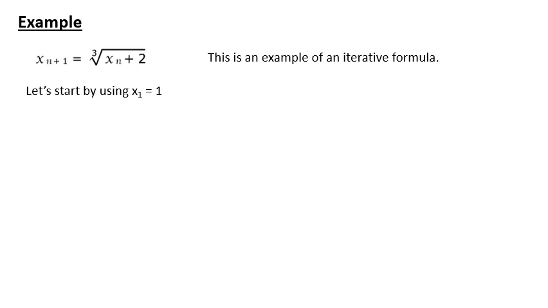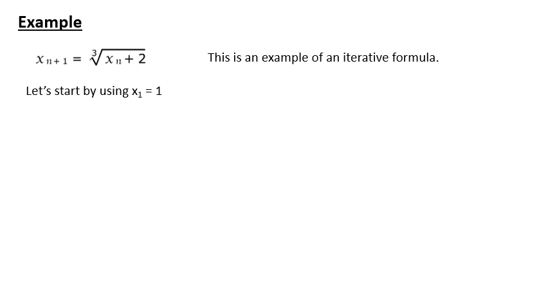Here's an example of an iterative formula. x n plus 1 equals the cube root of x n add 2. So if you knew a term in, let's say, a sequence, and you added 2 to it and then cube rooted, you would work out the next number in the sequence. Let's start by using x1 equals 1.